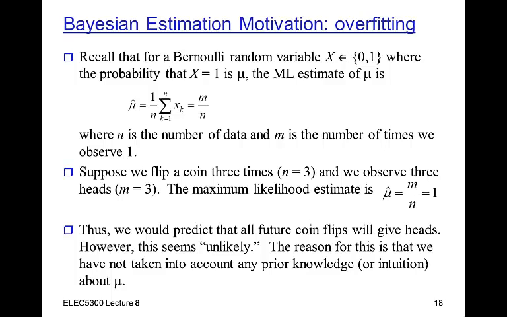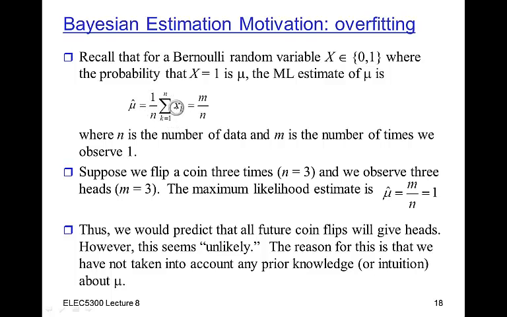If you recall from our discussion of maximum likelihood estimation, we looked at the Bernoulli random variable, which is like a coin flip. It achieves values 0 or 1, tails or heads, where the probability that x is equal to 1, or heads, is mu. If we want to estimate mu, remember that the best estimate of mu is the sample mean.